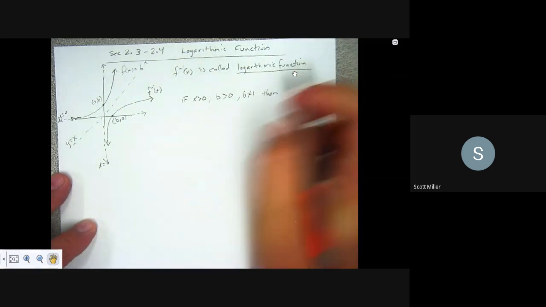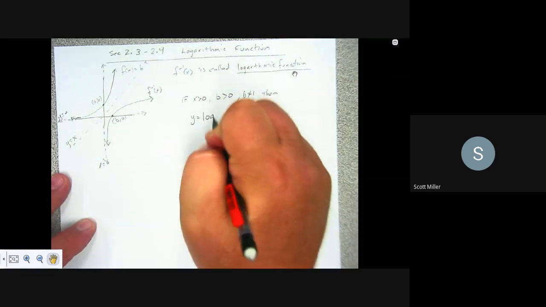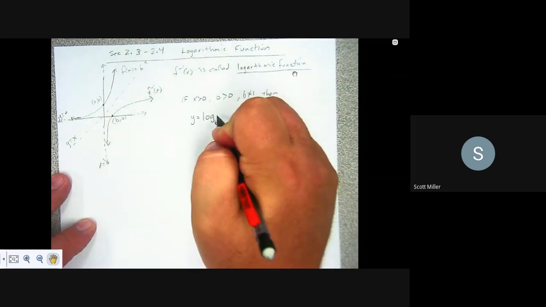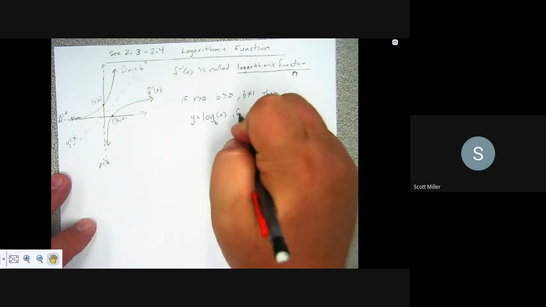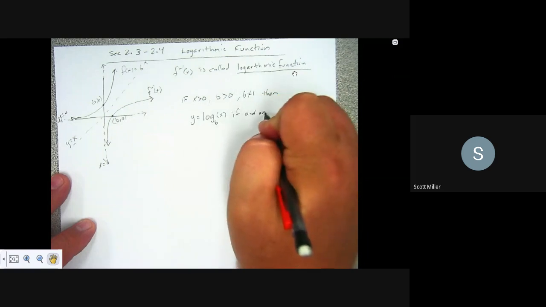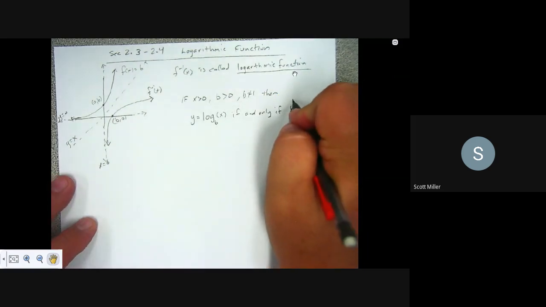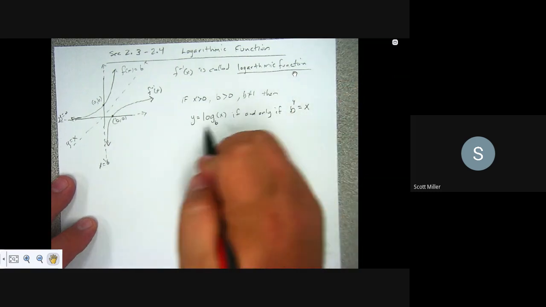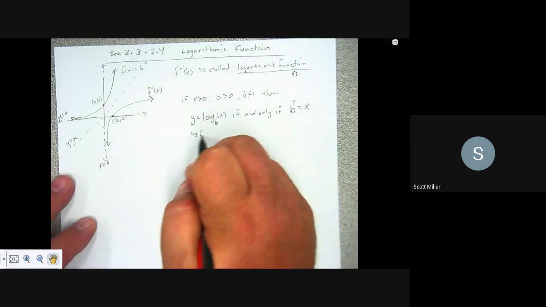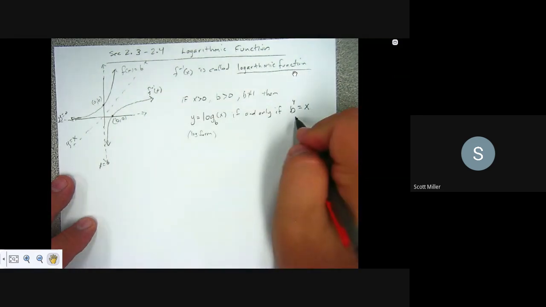Then we have this: y equals log base b of x if and only if b to the y equals x. This is the log form of a logarithmic function, and this is the exponential form.